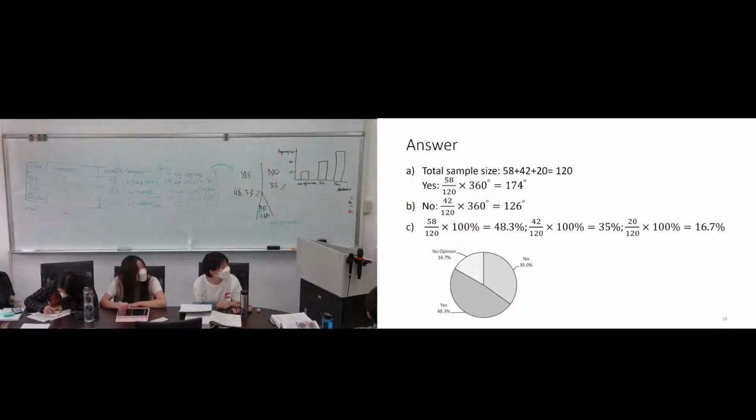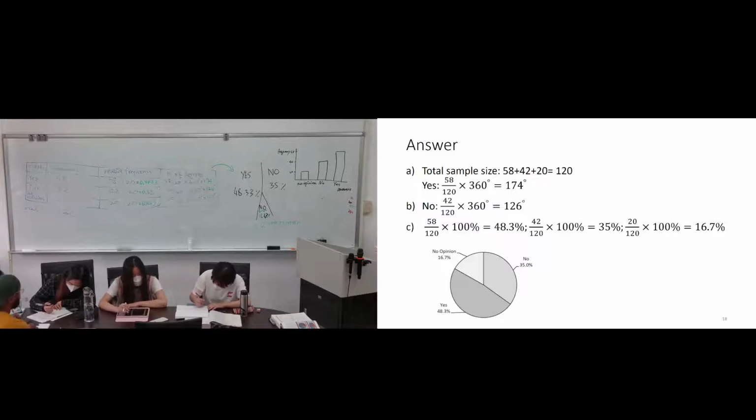We should find the total sample size, which is 120, and then divide 58 by 120, multiply by 360 degrees. That's 174 degrees. To answer question B, the degrees in a pie chart for the sector of no: 42 over 120 times 360 degrees, which is 126 degrees.